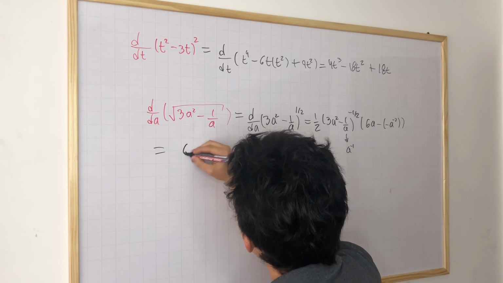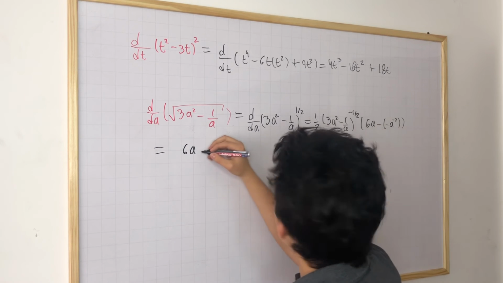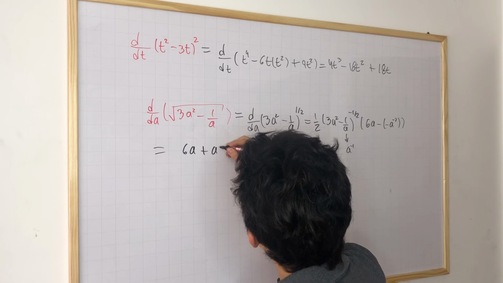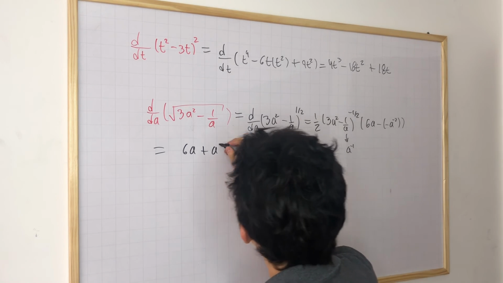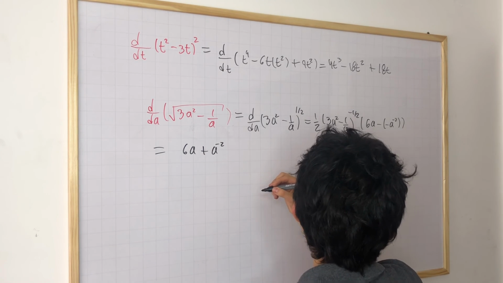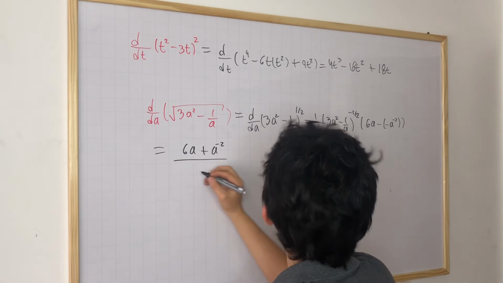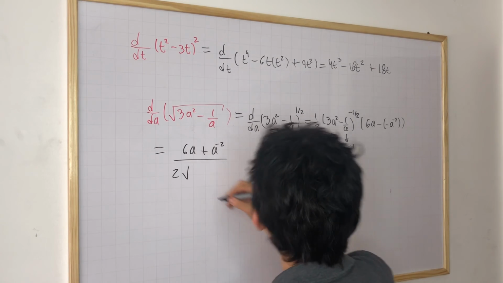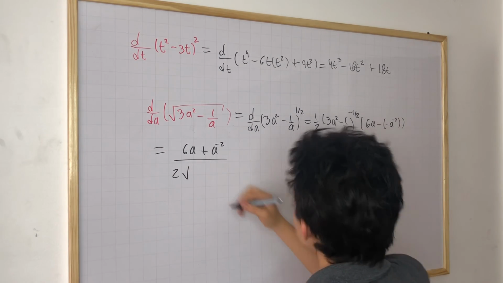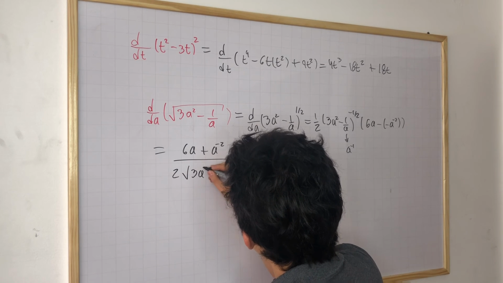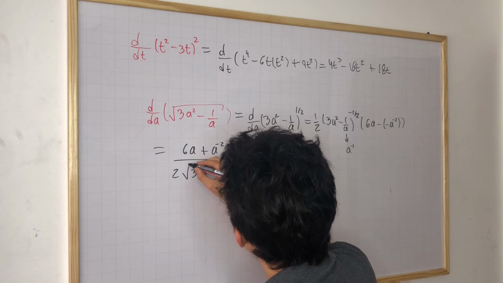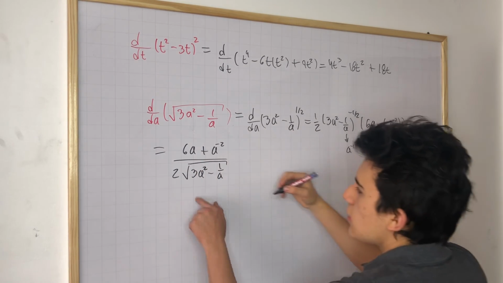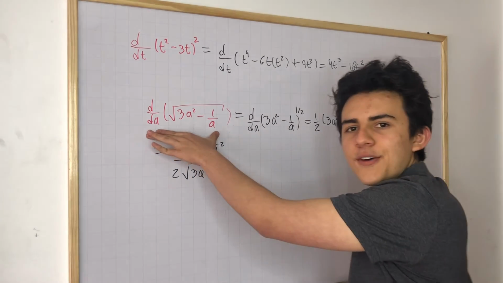So we're gonna have 6a plus a to the negative 2, over 2 times the square root of 3a squared minus 1 over a. So this is how much we get for this function right there.